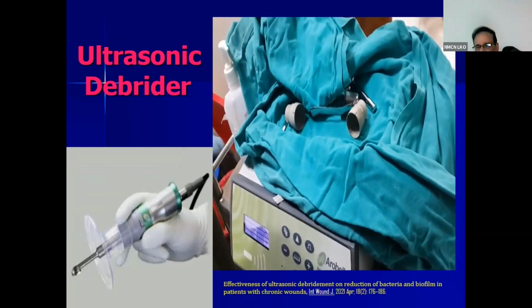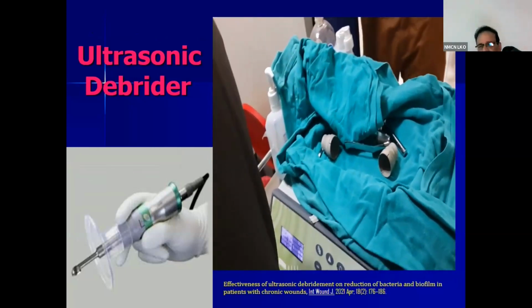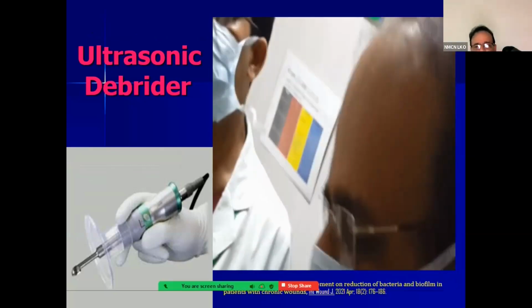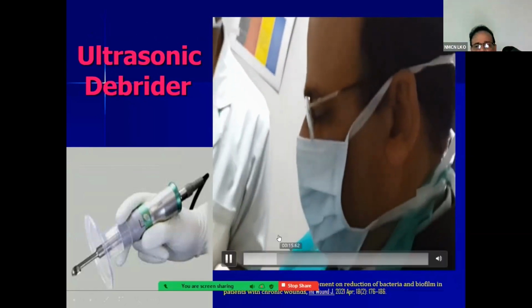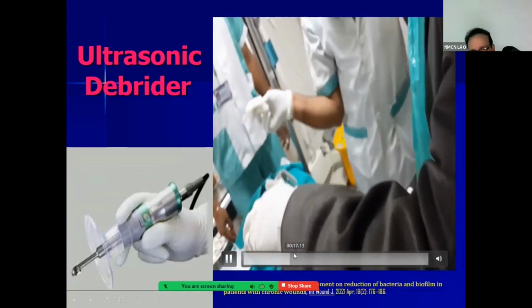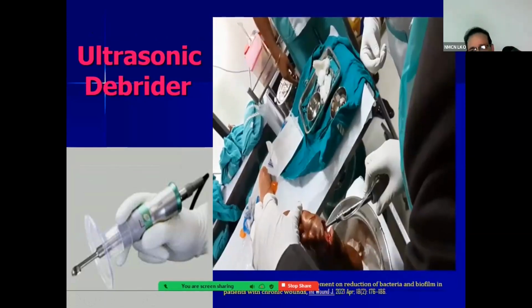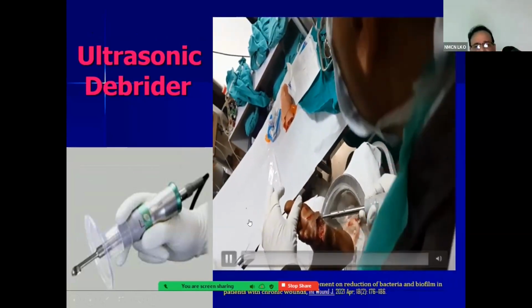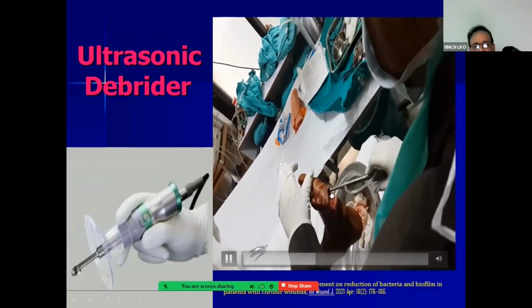This is the Arabella which I use in my center. So this is how it is used. On one side there is saline. This comes through the tubing, and it is infused in this probe.